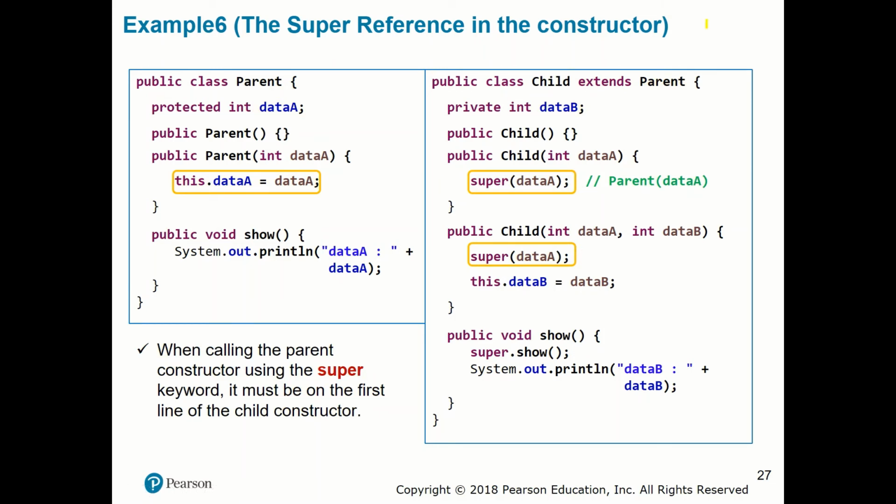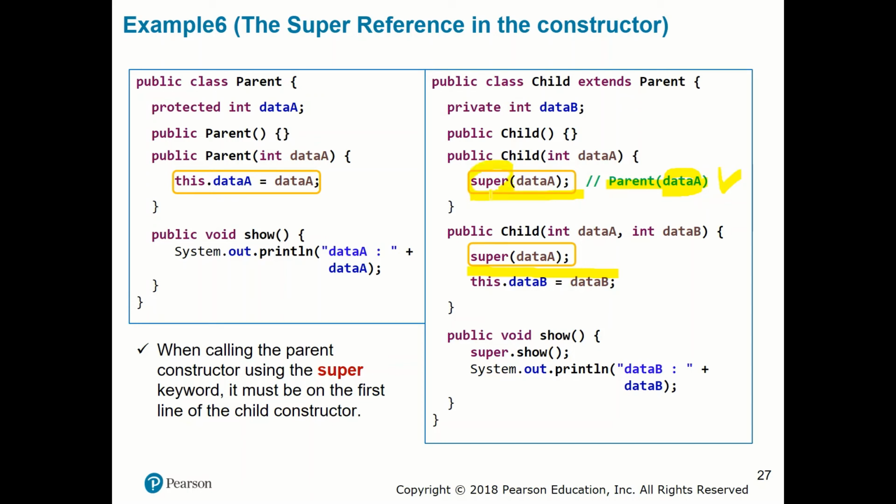This code is exactly the same as the previous code. Just these two lines are different. When you want to initialize the parent member data in the child constructor, you can call the parent's constructor. So here, this is the parent constructor. If you call this parent constructor, then you can initialize the value data A, right? But you cannot call a parent constructor directly like this. Instead, you need to use the super keyword.